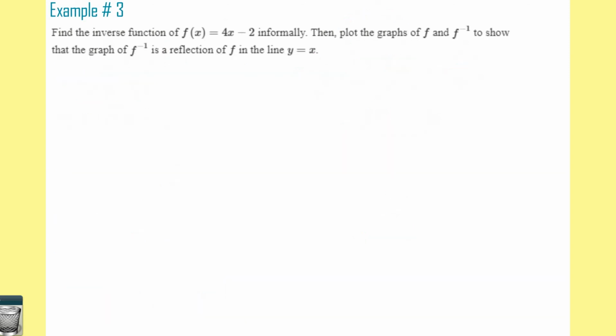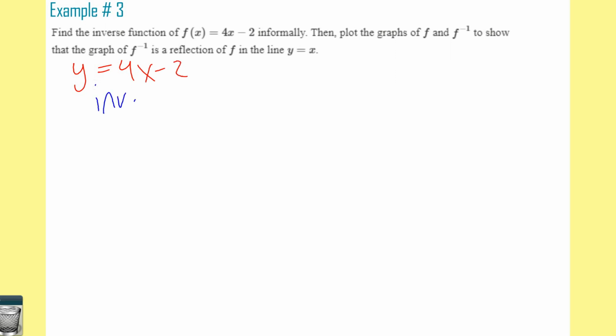All right, let's do another one. So find the inverse function informally. Then we're going to plot the graphs to show that the graph is a reflection, so let me explain what that means. So we get y equals 4x minus 2. Start with what we know.